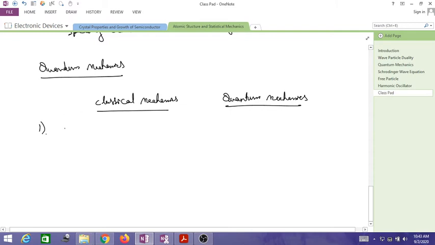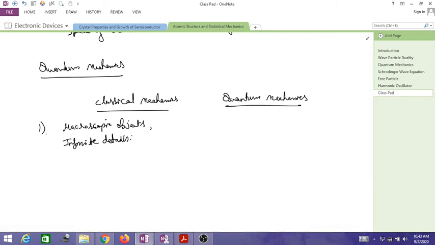Classical mechanics deals with macroscopic objects, and it says that these objects are described in infinite detail.